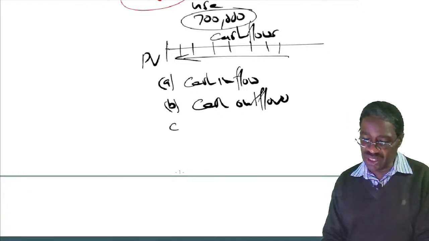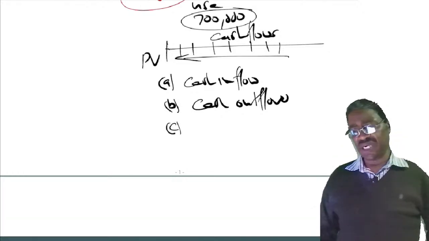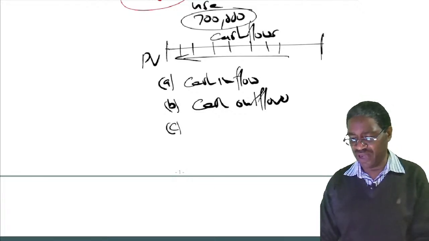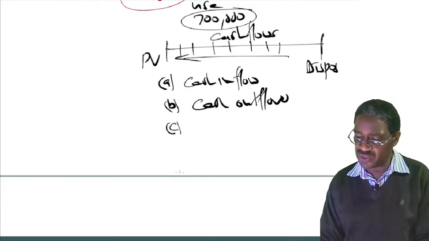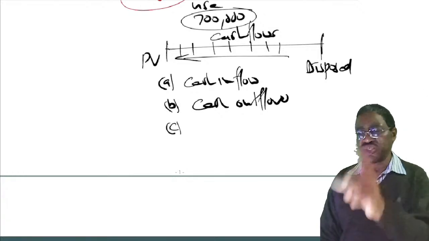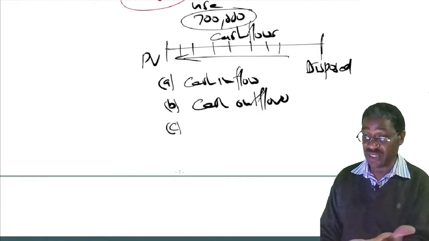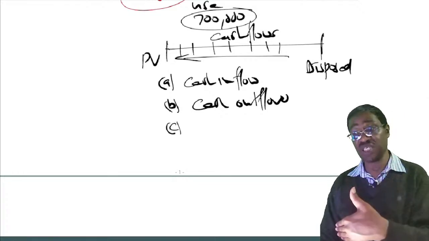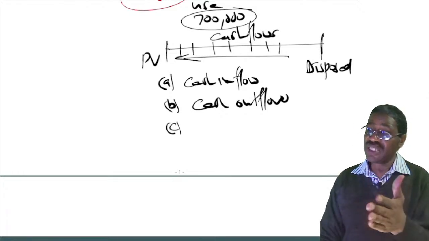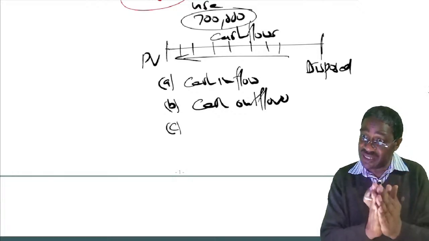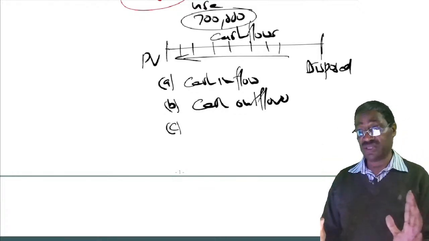The last one is at the end of the useful life of that asset, normally that asset will have to be disposed. And whenever you dispose of an asset, in most cases, you sell it, so you get some cash flow. Alternatively, for you to dispose of that asset, maybe it's a machine, you have to dismantle it.